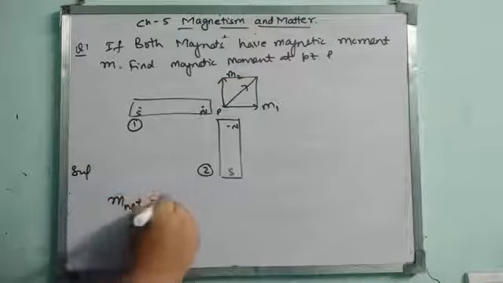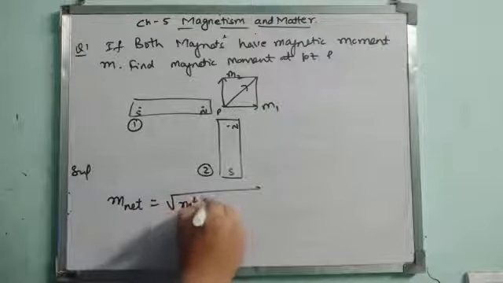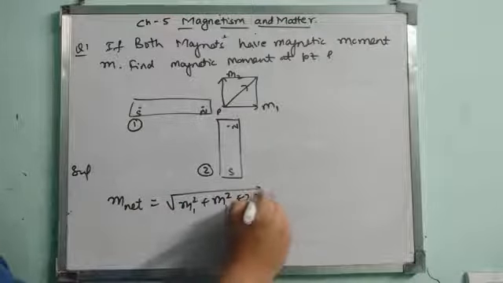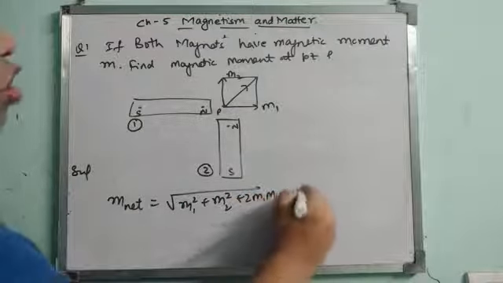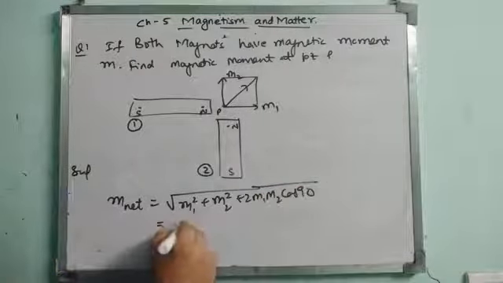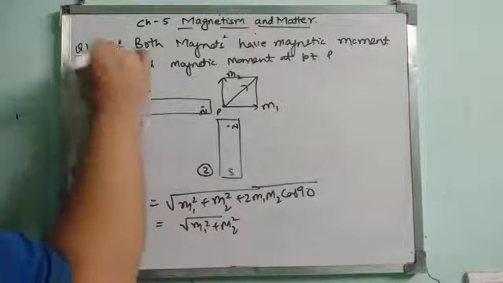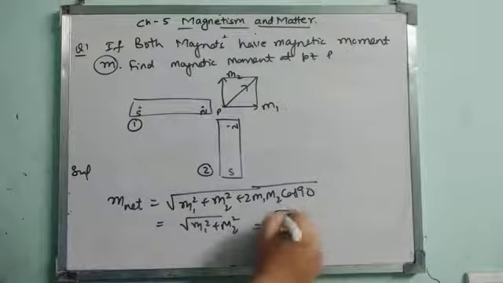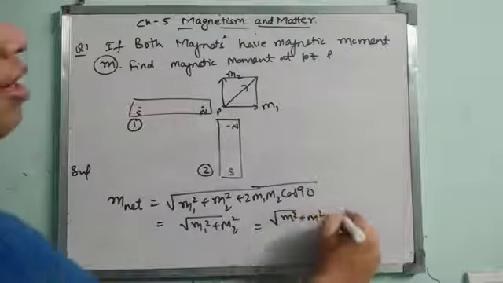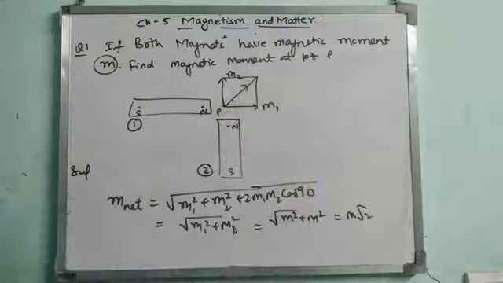M net will be equal to the square root of m1 square plus m2 square plus 2 m1 m2 cos 90. Cos 90 is 0. It is equal to m1 square plus m2 square. But in the question it is given that both have the same magnetic moment. Square root of m square plus m square is equal to m root 2. This is the answer. Now in 1 mark, a large number of times some questions are asked.